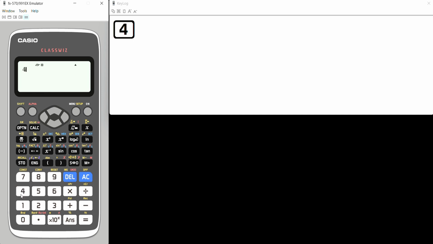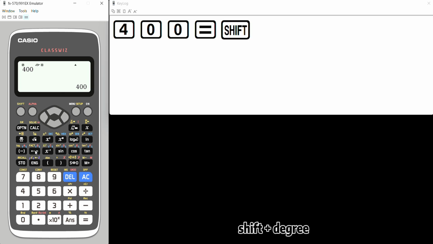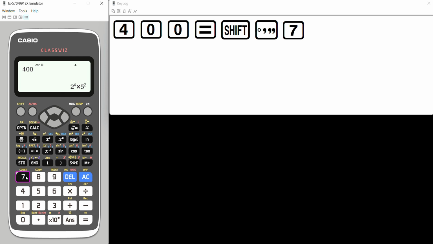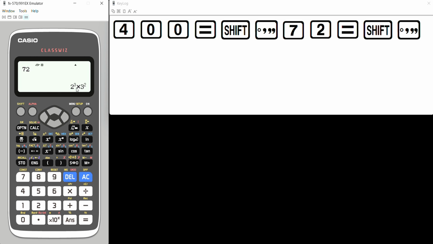So for example, let me type 400 in and type equal. How to obtain the prime factors is just pressing shift and the degree button. You get here 2 to the power 4 times 5 squared. It works on other numbers as well. For example, 72 equals, and then shift, degree button again, 2 cubed times 3 squared.